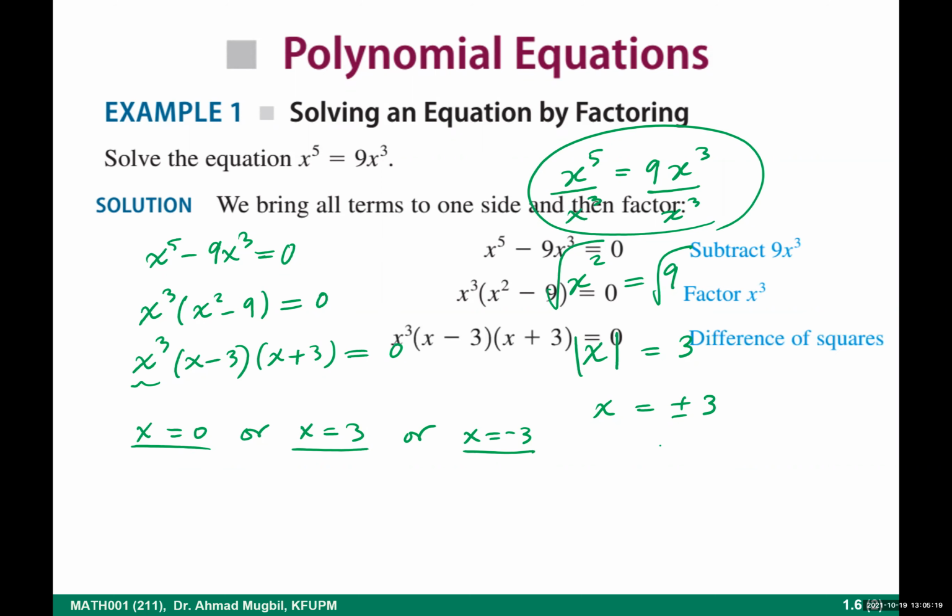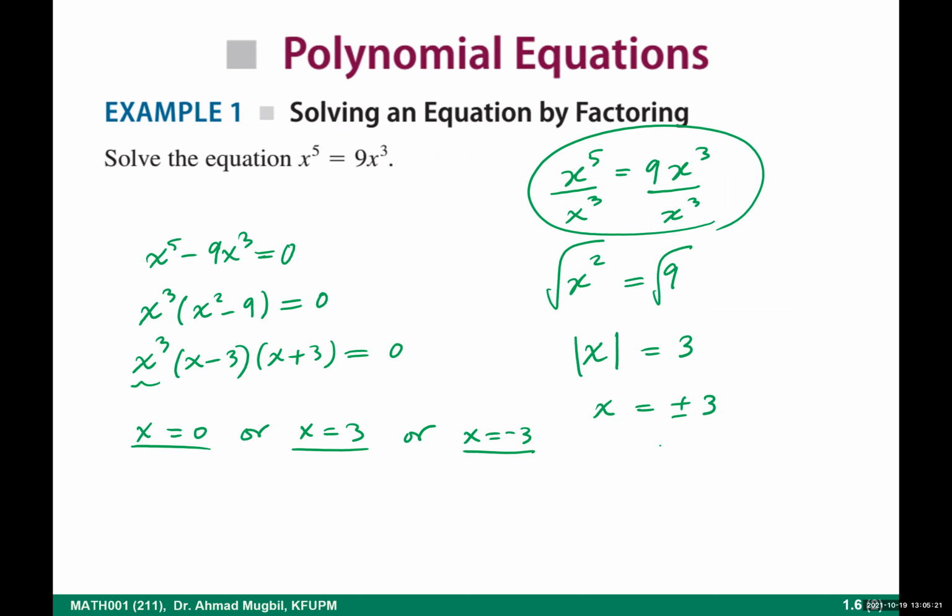How about if I divide by x squared? That means x could be 0. You cannot divide by x equals 0 here. So by x, by x squared, by x to the power 3, by any power of x, if I divide both sides, I can put x equals 0 as a solution.